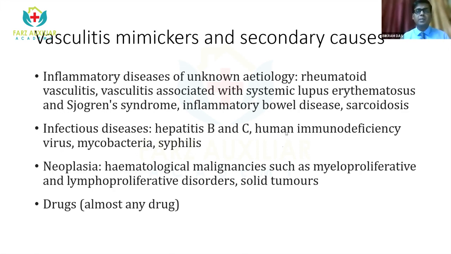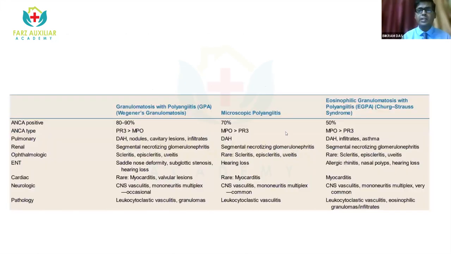Neoplasia, some neoplastic disorders like hematological malignancies, myeloproliferative and lymphoproliferative disorders, and some solid tumors, can have a vasculitis-like presentation. And almost all drugs can cause vasculitis. So we should be very careful while diagnosing a vasculitis. Rule out these, get a proper history, and then go for diagnosis and treatment.